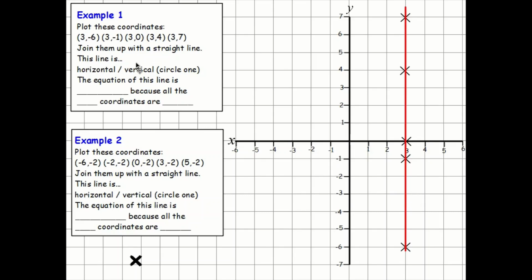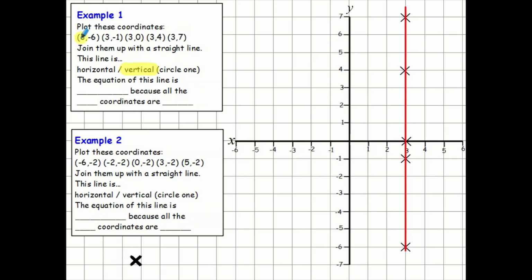This line is, what do you think? Horizontal or vertical? It is vertical. It's going from top to bottom, up, down. The equation of this line is something, because all the something coordinates are something. Well, what do we do here? Let me explain. What's the same in each of these coordinates?